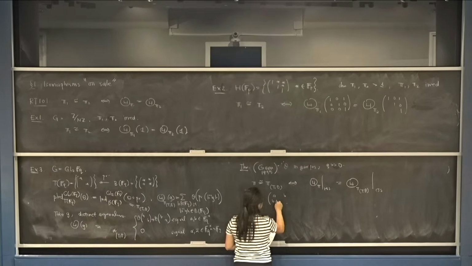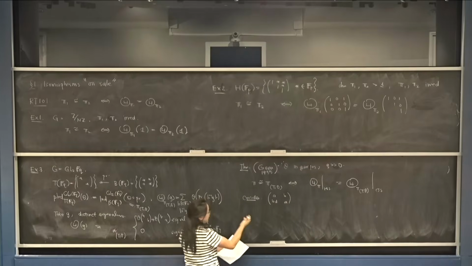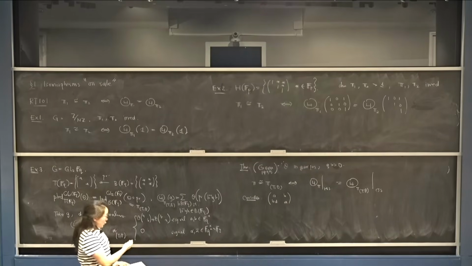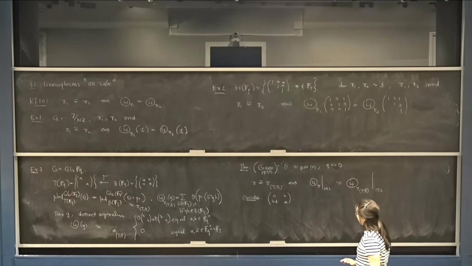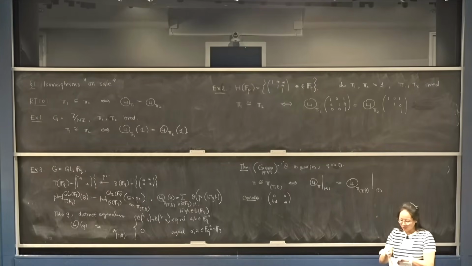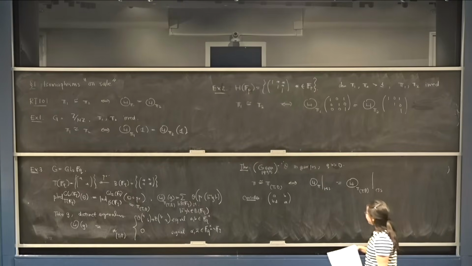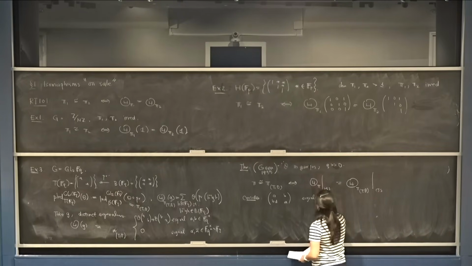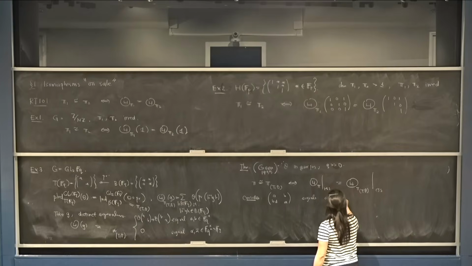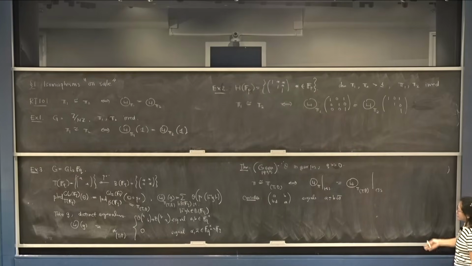So consider some element that looks like this. Inside GL2(Fq), if you calculate, which I did this morning just to make extra sure, which involved me looking at what the quadratic formula is again, the eigenvalues of this are a plus or minus b square root d.